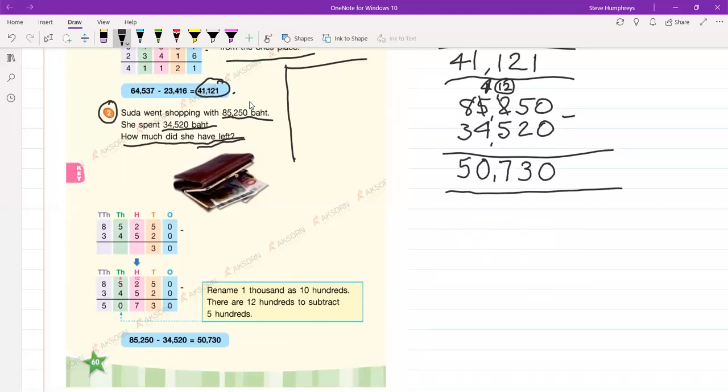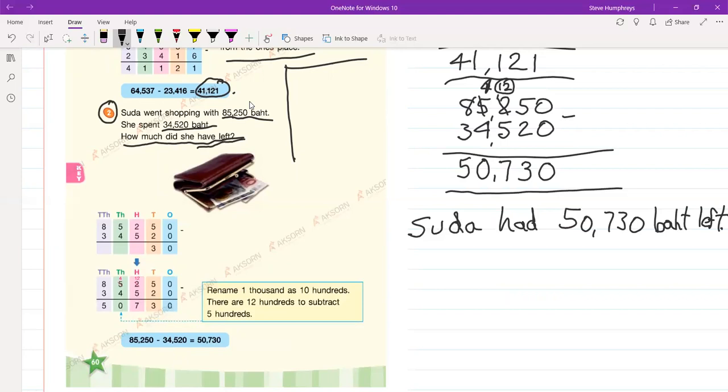Okay. This is the working. Shows the same as what I did up here. Okay. And it's a word problem, so you would say Sudha had 50,730 baht left.